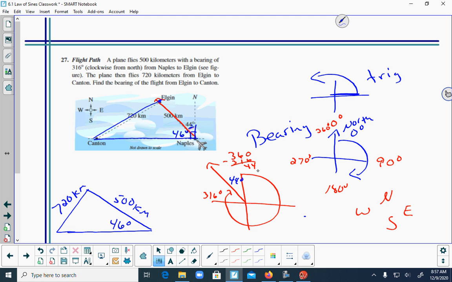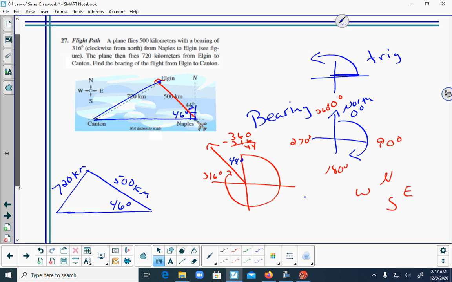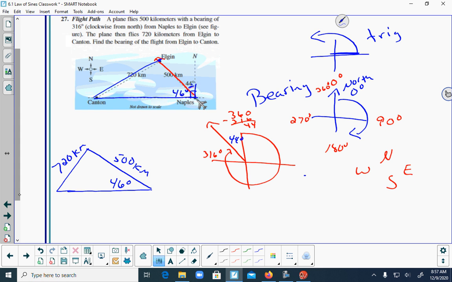They want me to find the bearing, so I need to find an angle first. The only angle I can find based on this triangle is this one, because I have this opposite pair. So I'm going to do 720 over the sine of 46 degrees equals 500 over the sine of A, where we'll call this angle A for lack of anything else to call it.